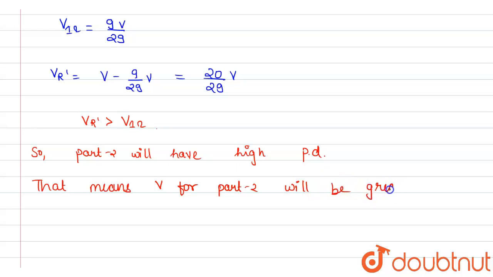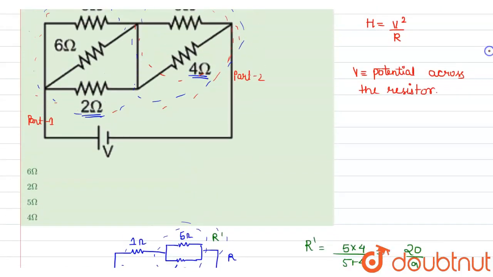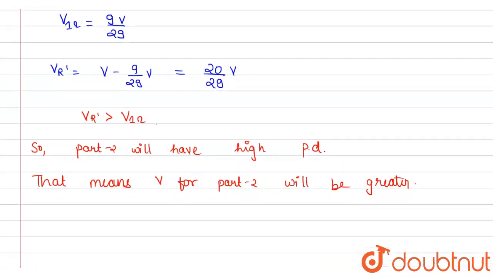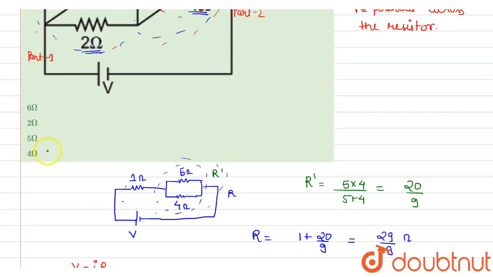And if part 2 has high voltage, that means the 4 ohm resistor will emit maximum heat. So this is our question and our correct answer will be D.